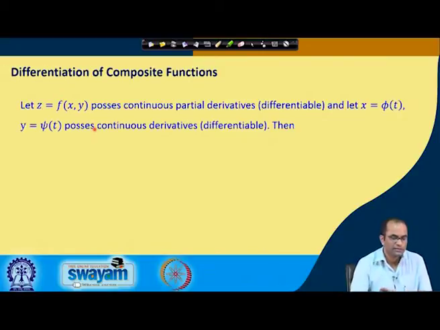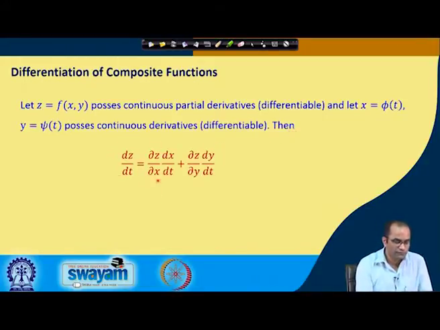So, f of x, y is a differentiable function, and we also let x equal to phi of t and y equal to psi of t possess continuous derivatives, or again we can assume that they are differentiable functions. In that case we will derive this formula for dz over dt.